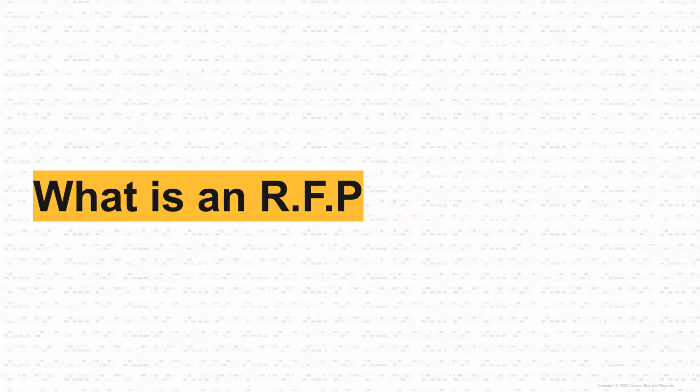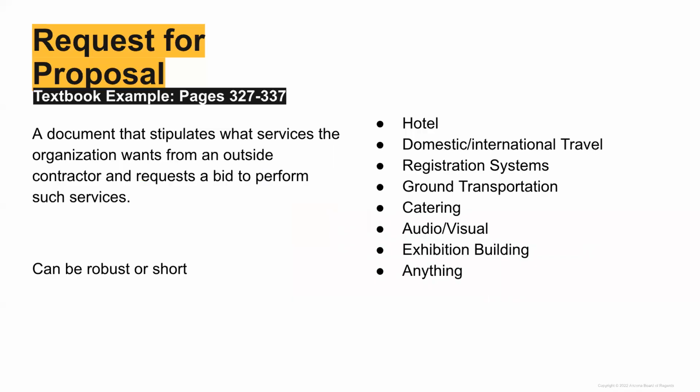So what is an RFP? It stands for Request for Proposals. And you'll see a lengthy example in your textbook on pages 327 to 337. In short, it's a document that stipulates what services the organization wants from an outside contractor and requests a bid to perform certain services.